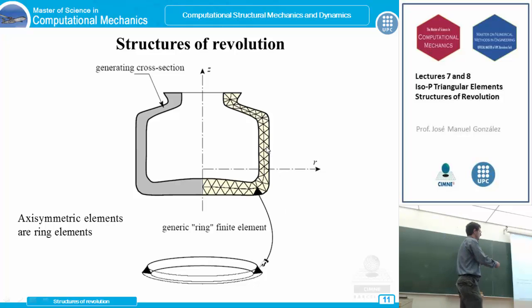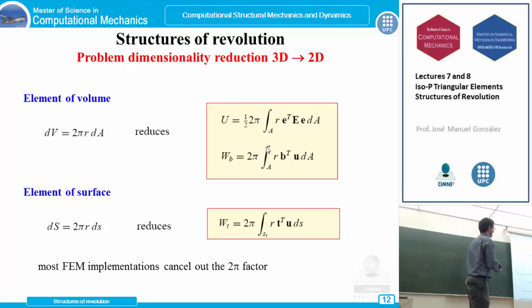So to make these integrals, we apply what we call dimensionality reduction. We want to reduce the 3D problem to a 2D problem, considering this calculation of the volume around the axis. So this differential of volume here is calculated as 2π times the radius times the differential of area.